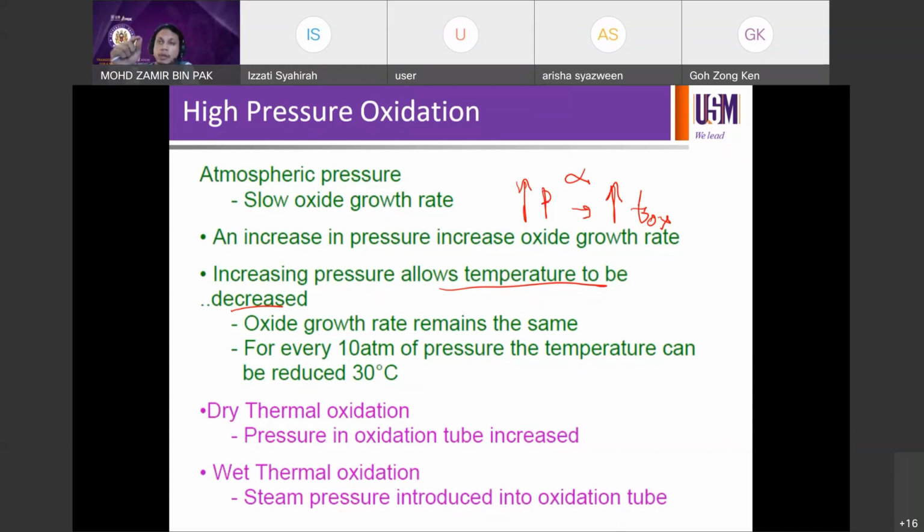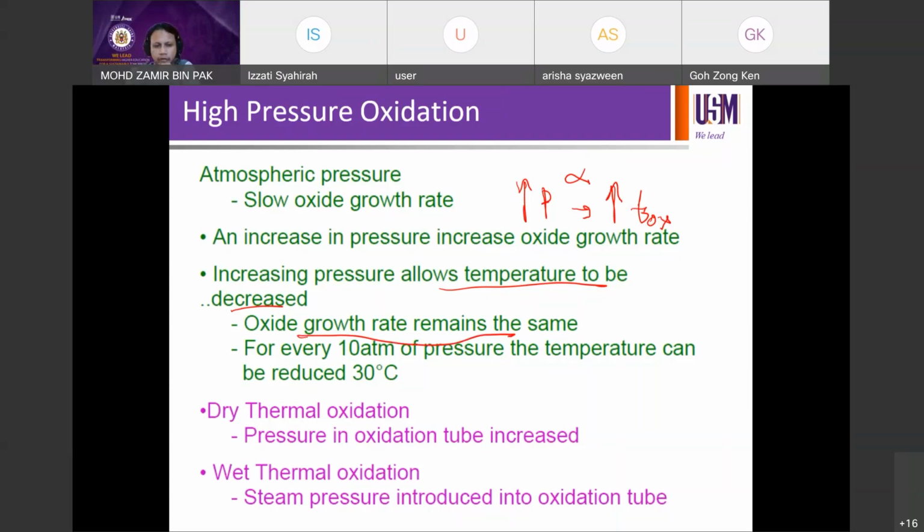For example, if you increase the pressure of the process, that allows you to reduce the oxidation temperature in order to maintain the same thickness. Okay, ataupun you can increase the temperature and reduce the pressure in order to maintain oxide thickness, because both contribute to higher thickness anyway. So oxide growth rate remains the same if you increase one and reduce the other.